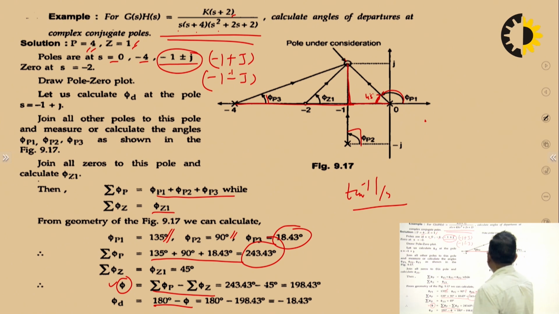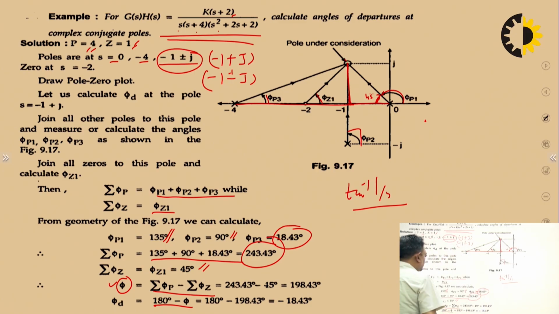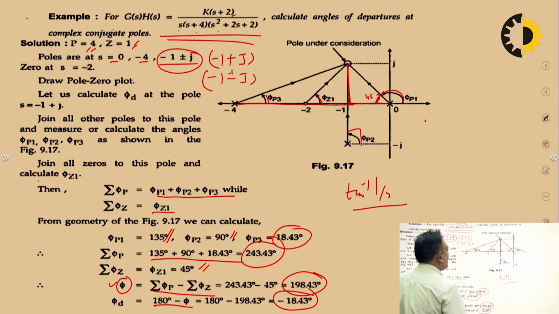Then phi z: this is 1 and this is 1, so this angle is 45 degrees. So sigma phi p minus sigma phi z comes out to 198.43. Then we subtract it from 180, so we have minus 18.43 degrees as the angle of departure.